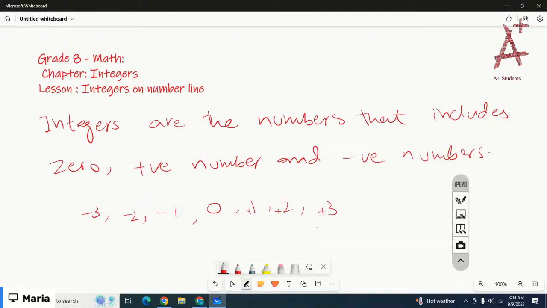Okay, now we're going to learn how we represent the integers on number line.